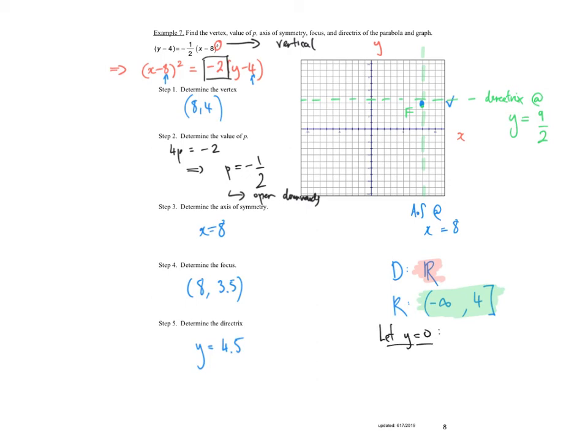Doing so, we'll get x minus 8 all squared is equal to -2 times 0 minus 4. If we solve here, we end up with x being 8 plus or minus 2√2.